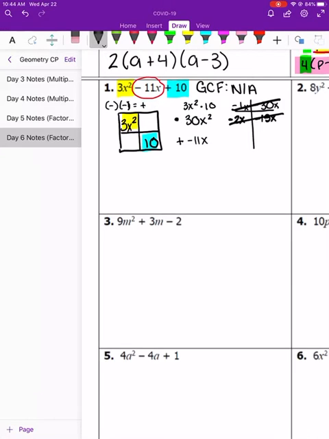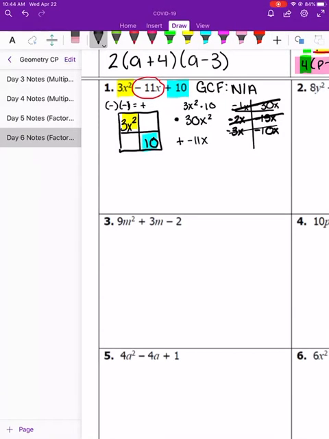So go to your next one. Well, I know 3 goes into 30, so negative 3x and a negative 10x. Okay, does this add to give us negative 11? No. So go to our next one.